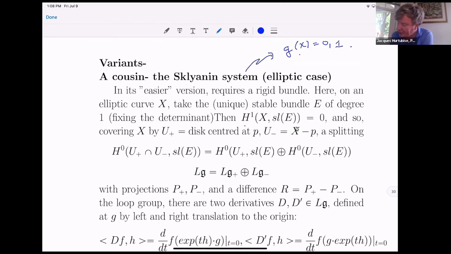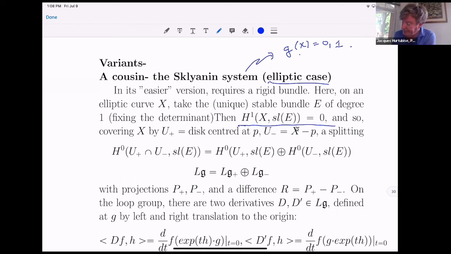So your bundles, basically for genus 1 only, don't deform, so they're rigid if you're taking the stable bundle.